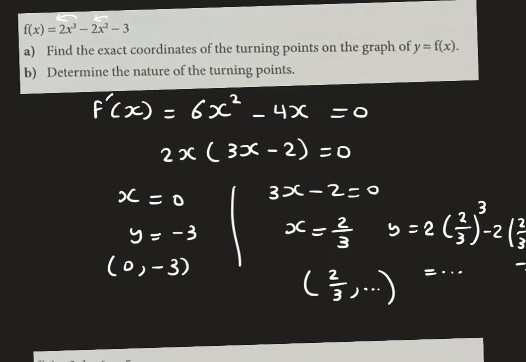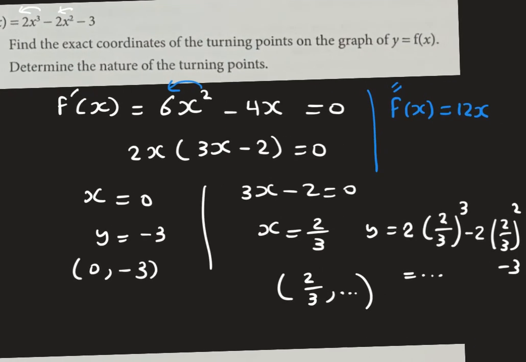Now to determine the nature of the turning point, you should find the second derivative, f''(x), which will be 2 multiplied by 6 equals 12, so 12x, and the negative 4x gives negative 4.